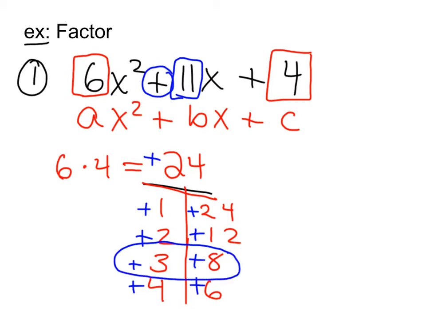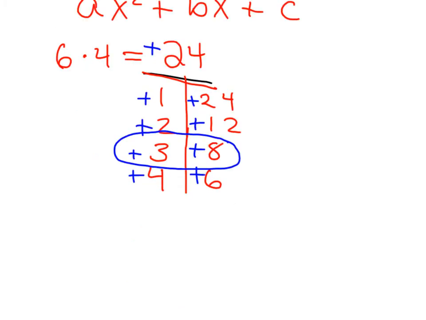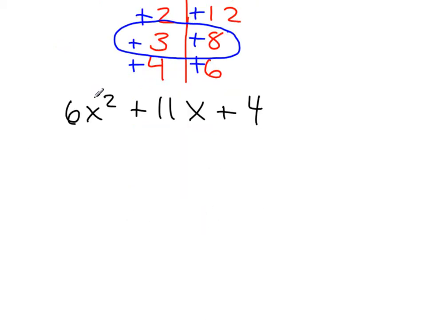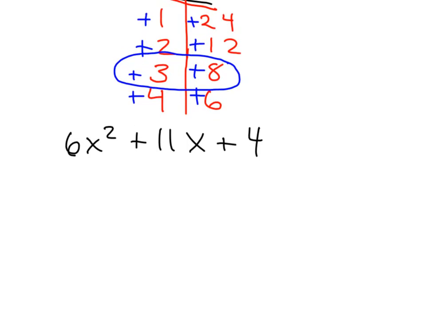Now here's where the challenging part comes. We're going to take our original polynomial, and I'm rewriting it because I moved the screen down a little bit, just so we can get the idea. And instead of our b term being plus 11x, I'm going to break it apart using the factors we found here. So 11x is the same thing as 3x plus 8x.